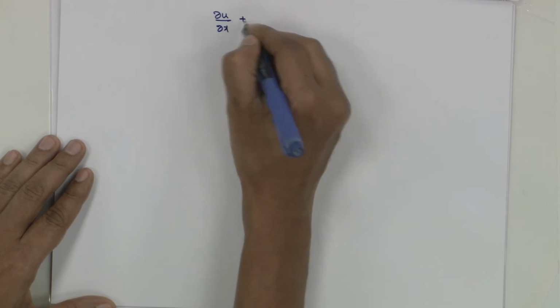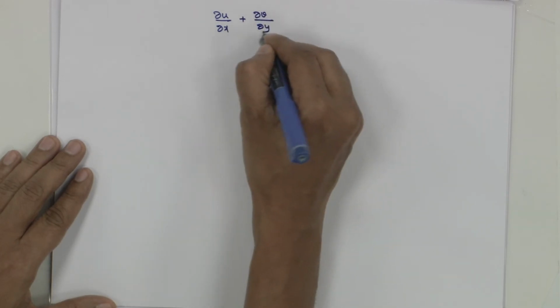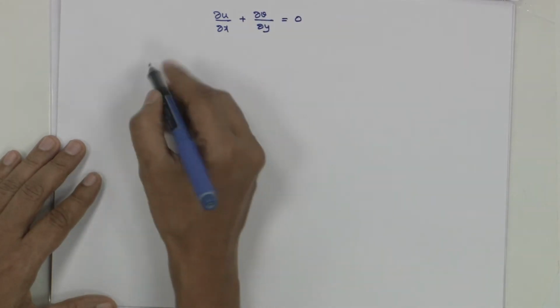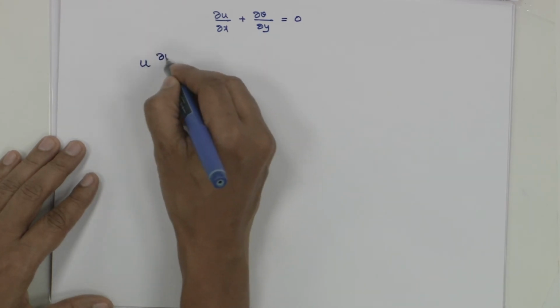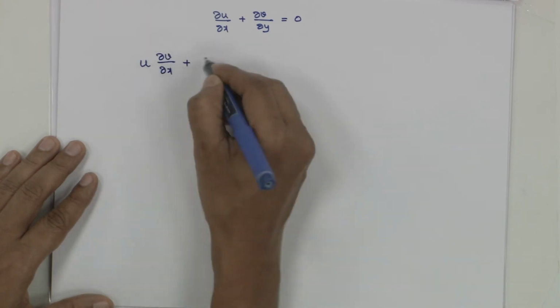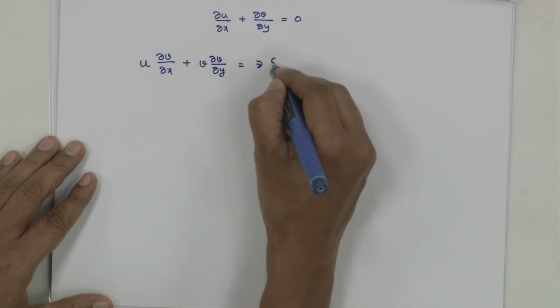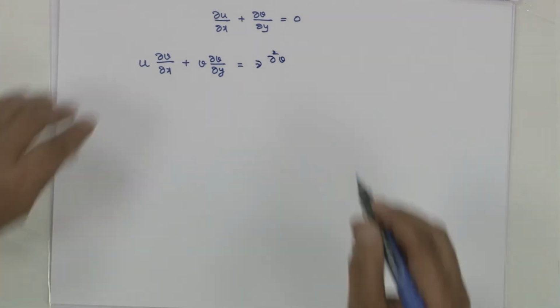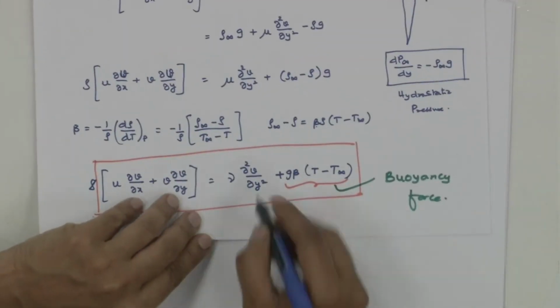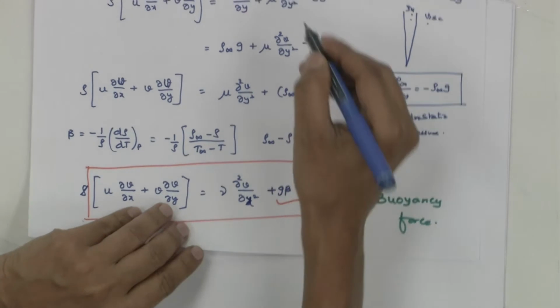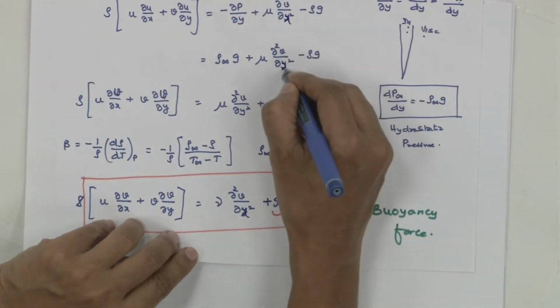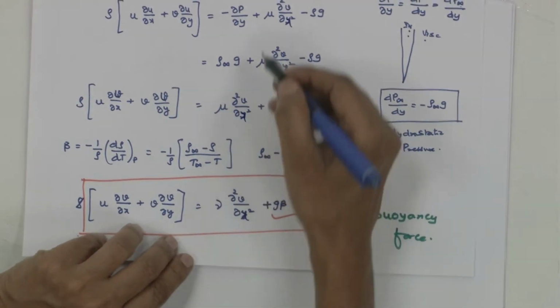So we have the equations. I will rewrite once again so that we are summarizing this. Del u by del x plus del v by del y equal to 0, and u del v by del x plus v del v by del y equal to nu del squared v by del x squared. See, I have made a mistake in the previous equation, this is x squared, the whole of this is x squared, I am sorry about that.